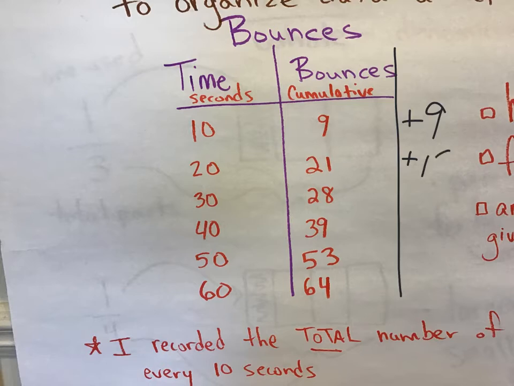So that's actually a change of 12. Then from 21 to 28 is a change of 7. We said that something must have happened there, I dropped it or something like that. Then between the next two, from 28 to 39, you'll notice that again, you add 2 to get to 30, and then +9 is 11. And then I was really grooving here. I went from 39 to 53. So that was really a big jump.